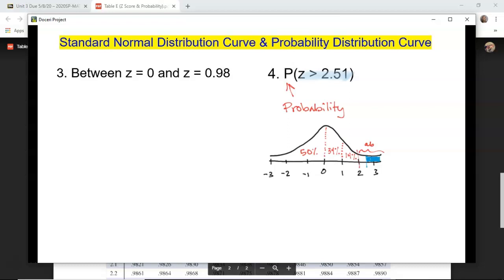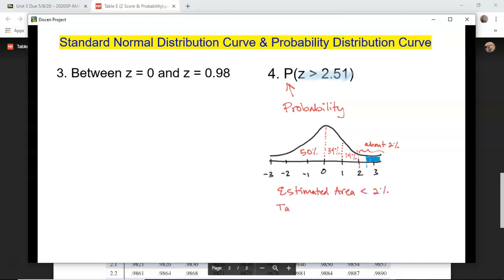That means that anything above 2 is about 2%, a little more than 2% actually, because I rounded between 1 and 2 is about 13.6, but I rounded to 14. So my estimated area is going to be most likely less than 2%.